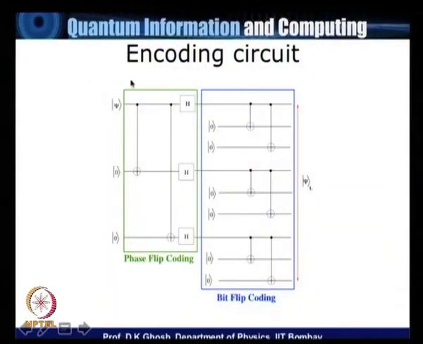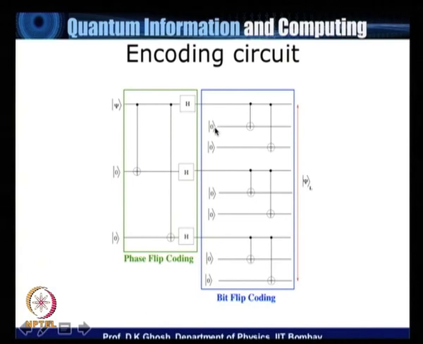Go back to the slide again, we'll switch between the slide and this. This one was 0 plus 1 by square root of 2 in one part and 0 minus 1 by square root of 2. These were the three states which were entangled together.